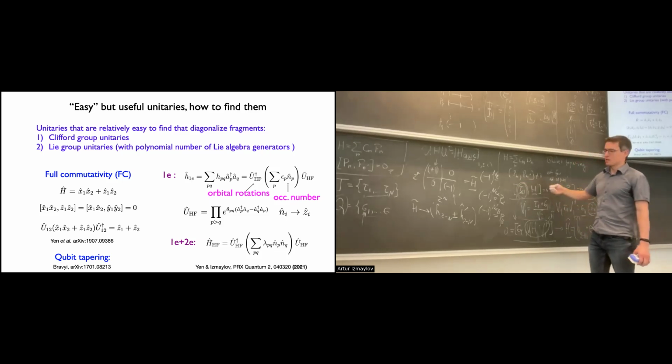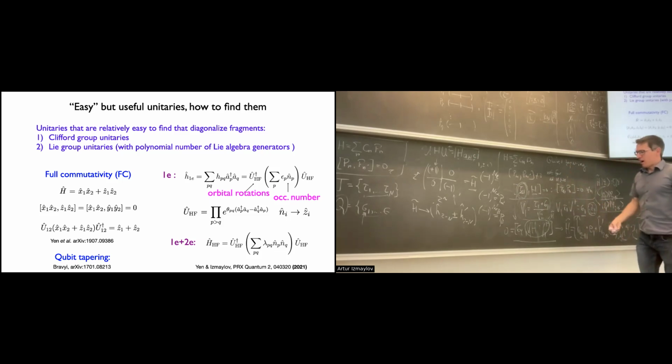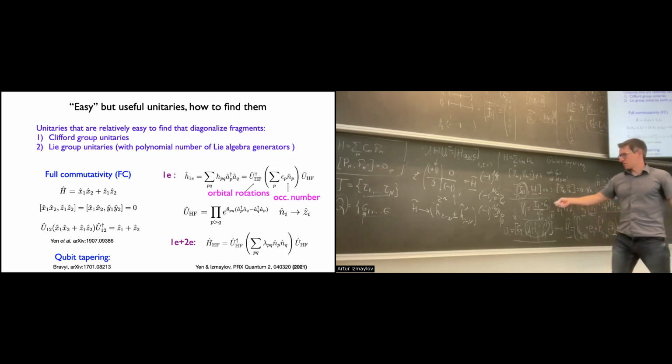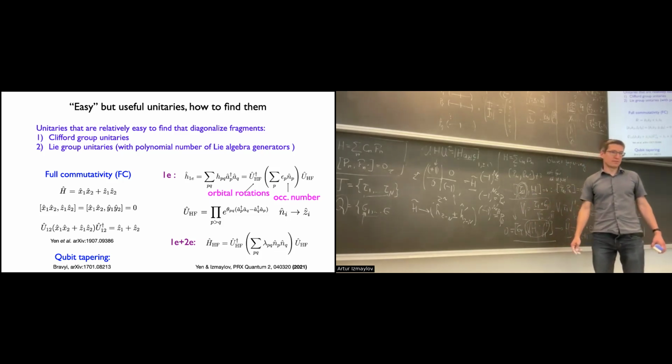But what if the symmetry is not a Pauli product? What if the symmetry is related to a C2 axis? It still can be done. It's just the unitaries that will make the symmetry look like Z1. They will require non-Clifford transformations.